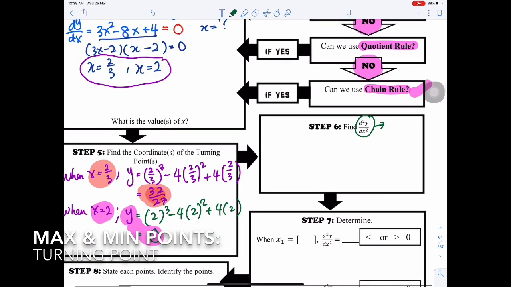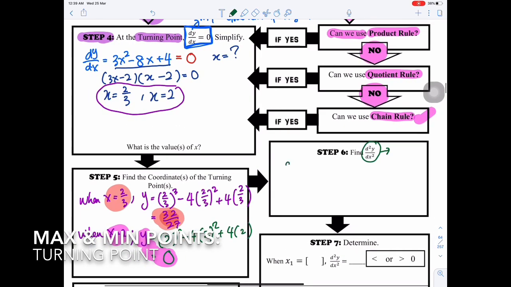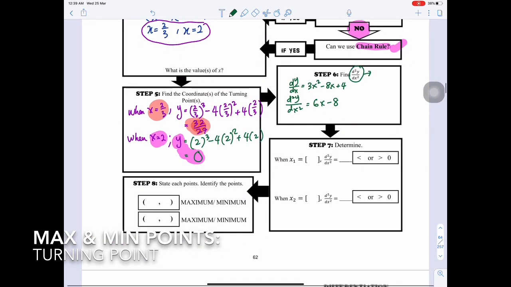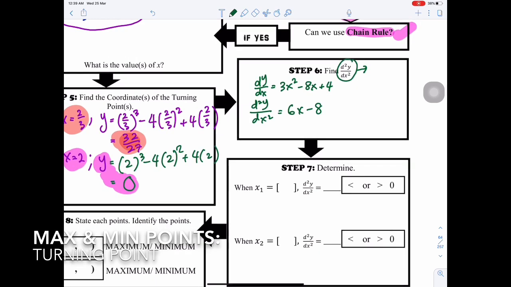Let's say first dy/dx equals 3x squared minus 8x plus 4, and the second derivative d2y/dx squared equals 6x minus 8. We must know the value of the second derivative, because it shows you whether it is a maximum or minimum point.